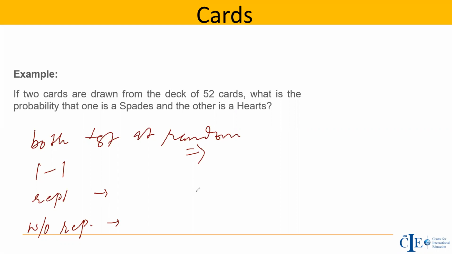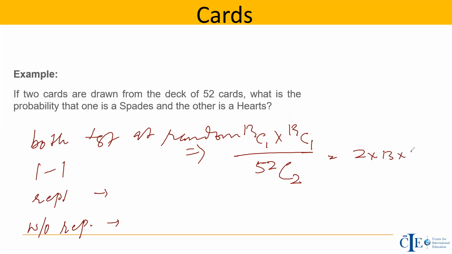Okay. Now, if you're solving it like this, what is going to be the answer? Then your sample space in this case would be 52C2, and then there are 13 spades and 13 hearts, so 13C1 into 13C1 upon 52C2, which would simplify to 2 into 13 into 13 over 52 into 51, right?